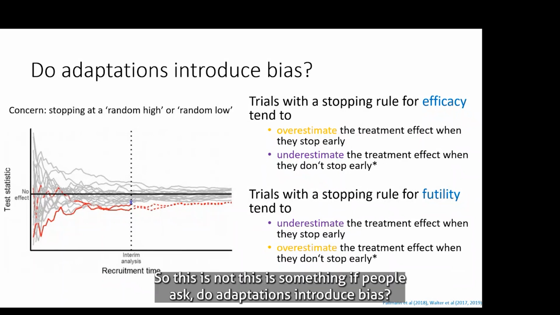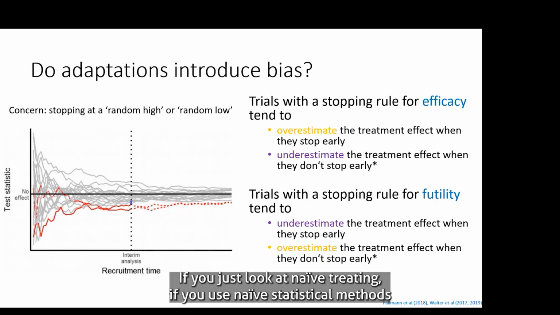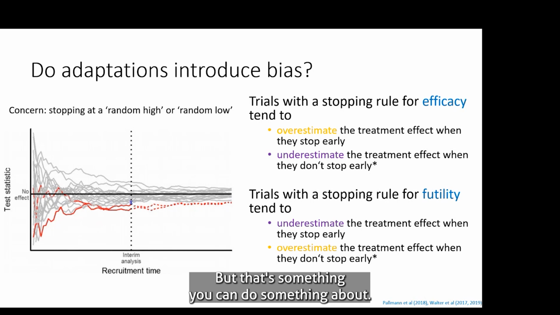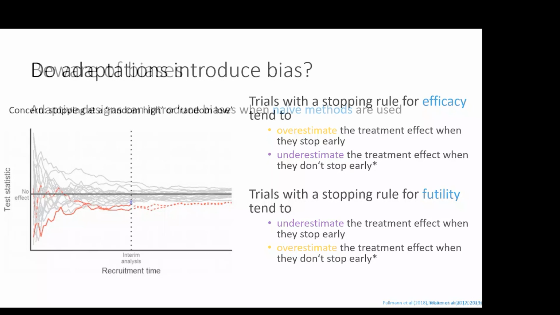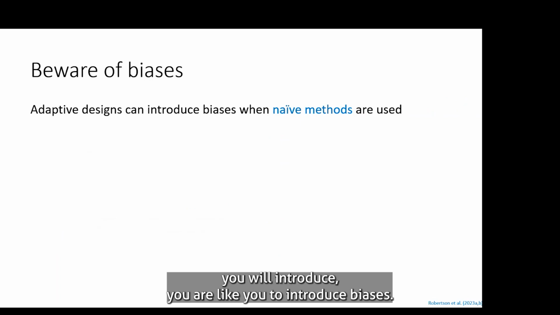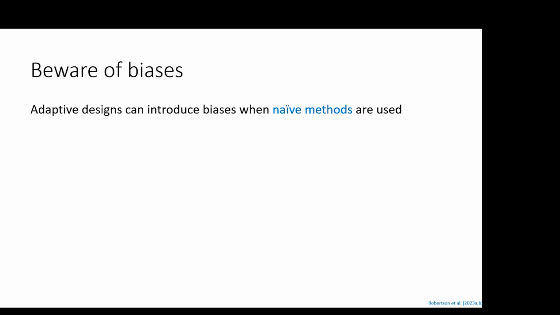So if people ask, do adaptations introduce bias? Yes, they do, if you use naive statistical methods to analyze it. But that's something you can do something about, so it's not a reason to not do adaptive designs. You are likely to introduce biases if you use methods that are not fit for these types of designs.